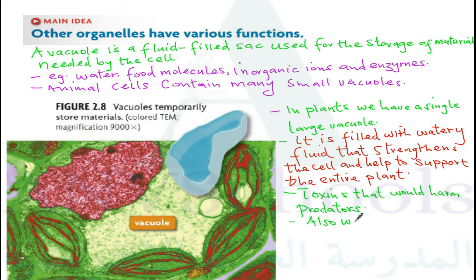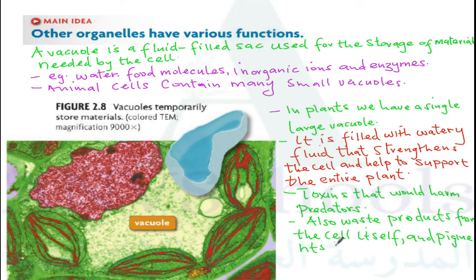Also, pigments that give color to cells are also stored here, such as those in petals of flowers.